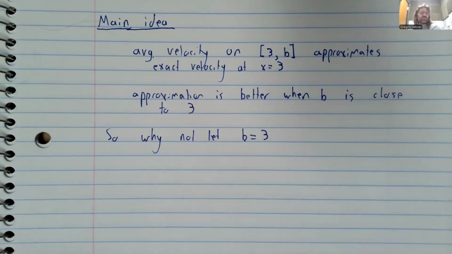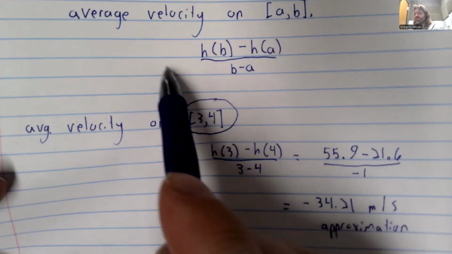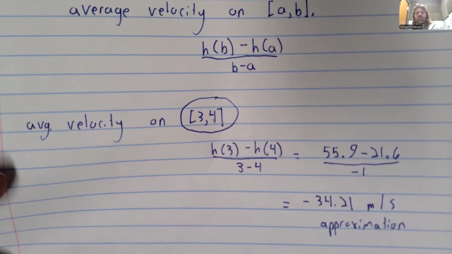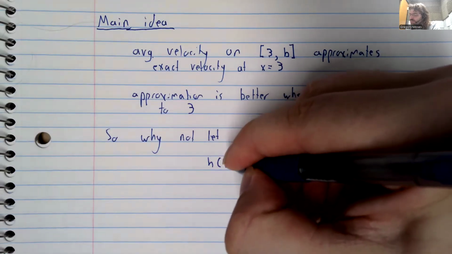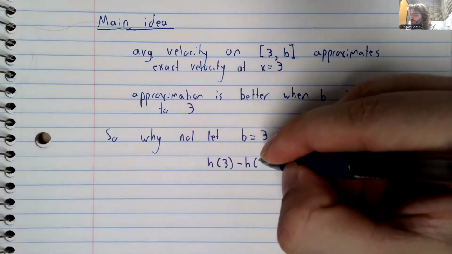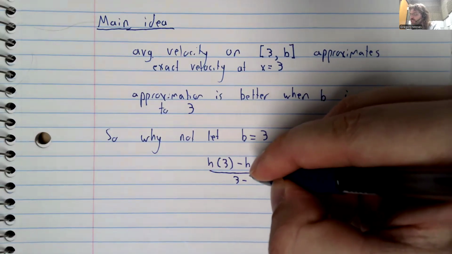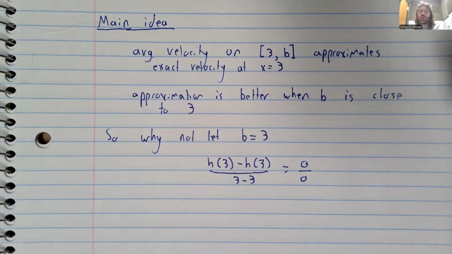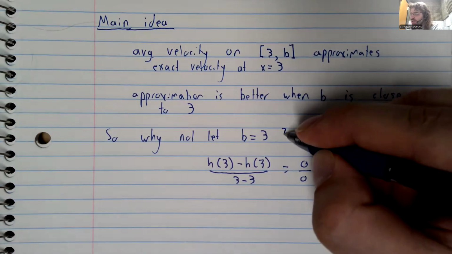We can't, because we are looking at this average velocity formula, h of b minus h of a over b minus a. And if we let b equal 3, we would get 0 divided by 0. We would get a division by 0 error.